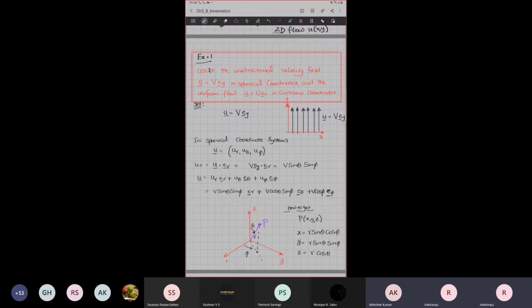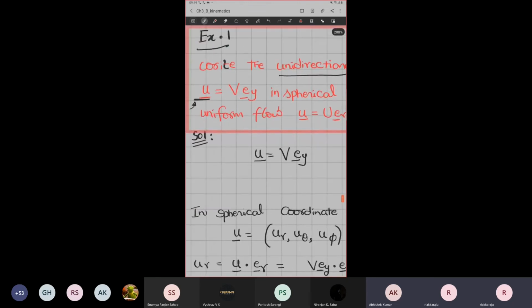Here, what we are trying to do is appreciate how these one-dimensional flows really look like. That's what we call by the technical word unidirectional velocity fields. That means your u component, the velocity vector, if I am using this underline, that means it's a velocity vector. It acts only in the y direction, in that particular unit vector.